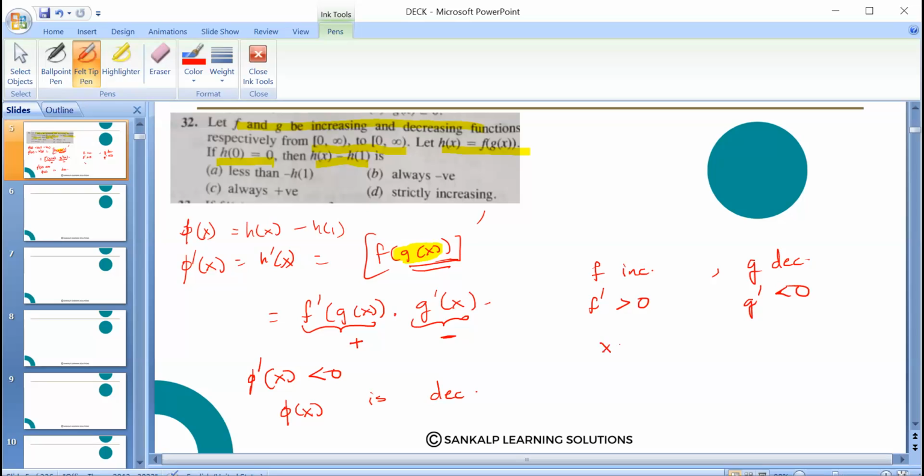So if you take x greater than or equal to 0, phi of x will be lesser than phi of 0. Phi of x, that means h of x minus h of 1 is lesser than phi of 0.